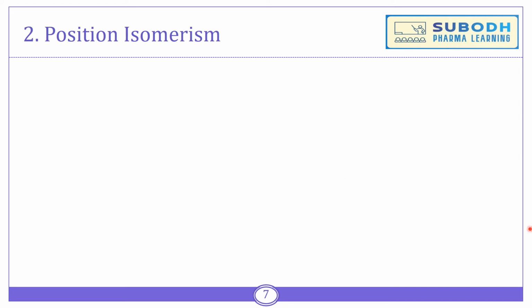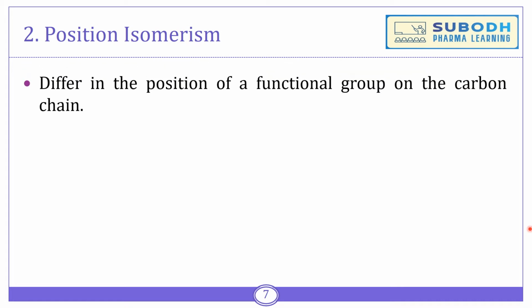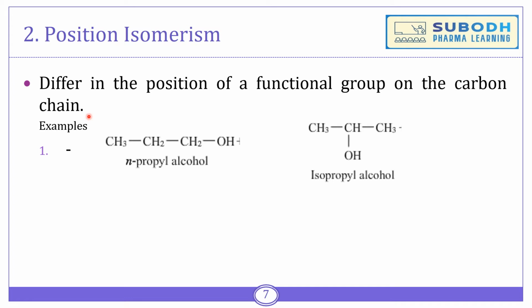The second type of structural isomerism is position isomerism. In this type, the position of the functional group on the carbon chain is different but the molecular formula is the same. For example, see the chemical structure of n-propyl alcohol and isopropyl alcohol.